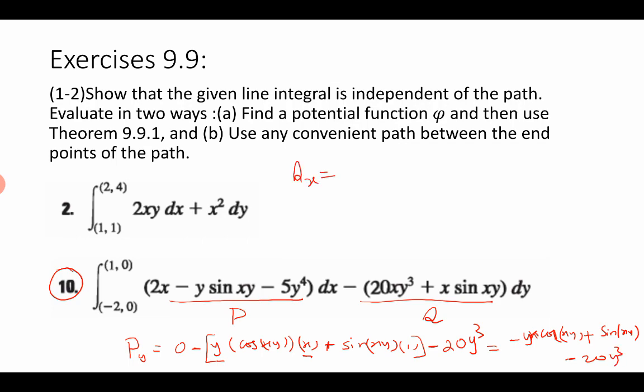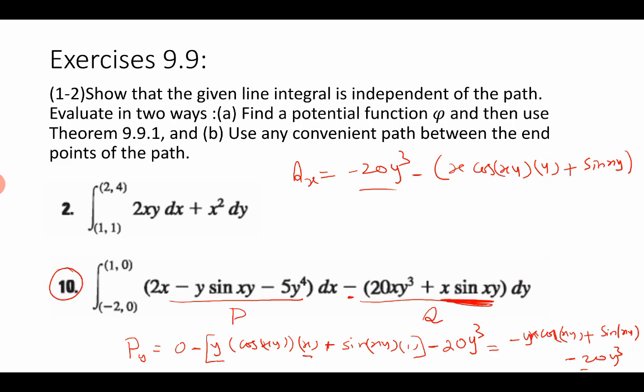And what is Qx? Differentiate Q with respect to x: minus 20y cubed. Isn't it the same term as the last one? Next, this one needs the product rule. Minus inside, keep x and differentiate sin xy, it will be cosine xy times y, plus keep sin xy and differentiate x, it will be 1.